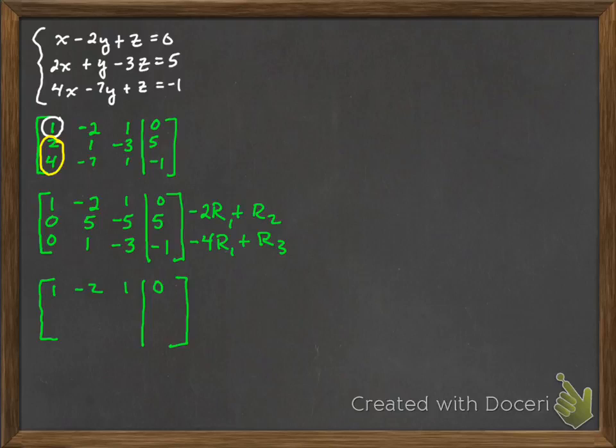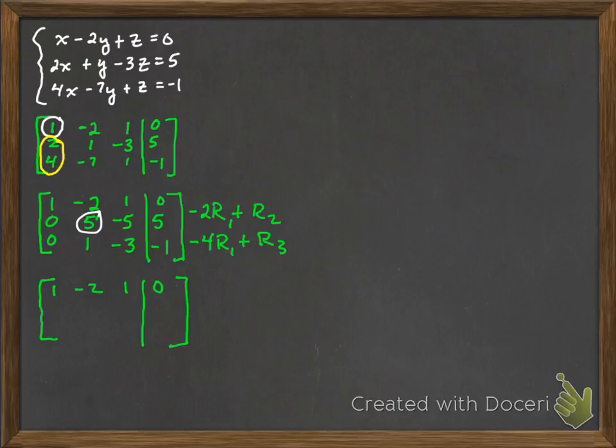All right, so now our next step in this process, we got the 1, then we got the zeros underneath it. The next step is to get a 1 in this middle position. All right, so we need this number right here to be a 1.